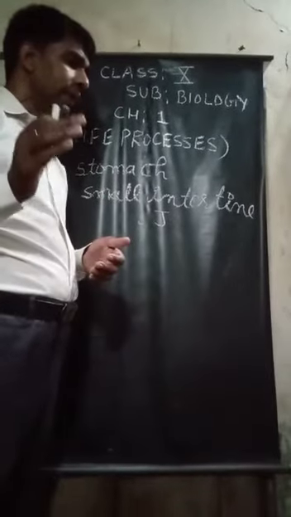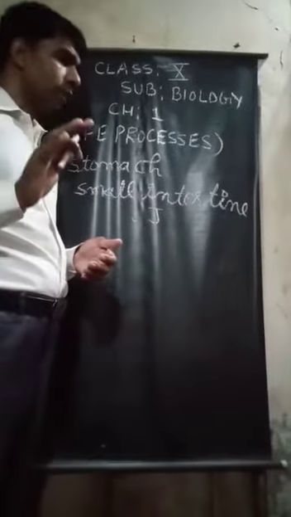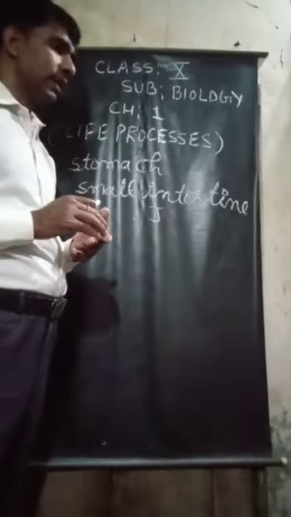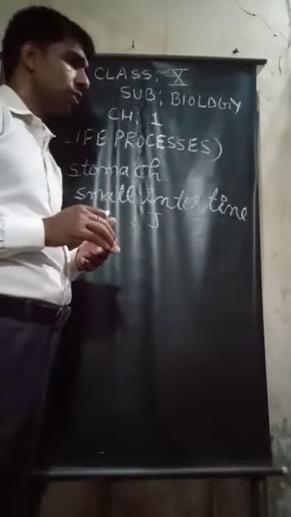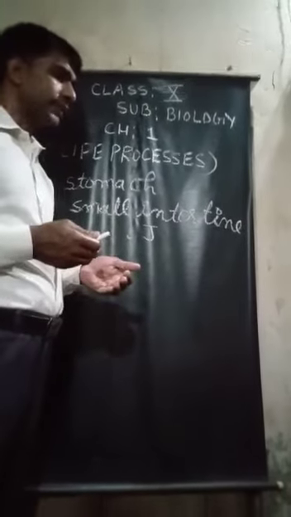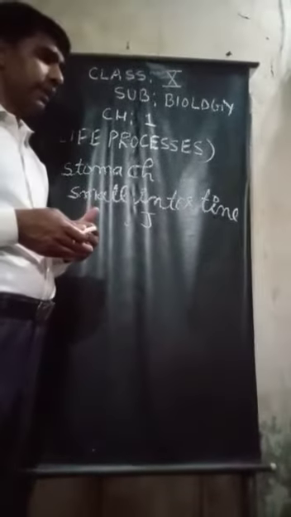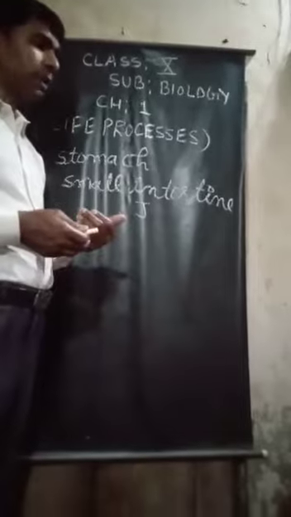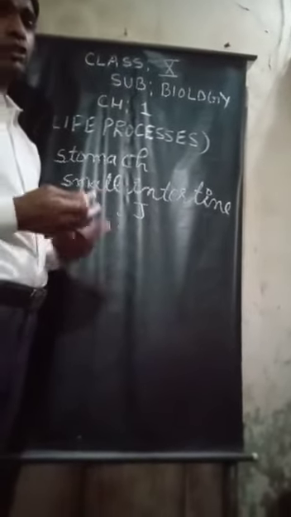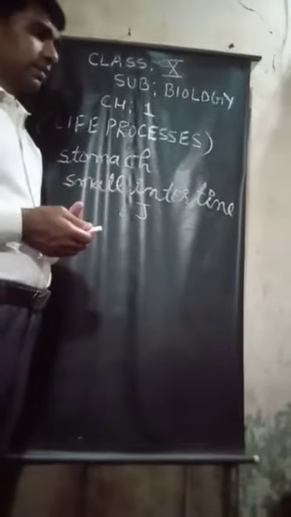Renin acts upon the soluble milk protein caseinogen and converts it into the insoluble form, casein.